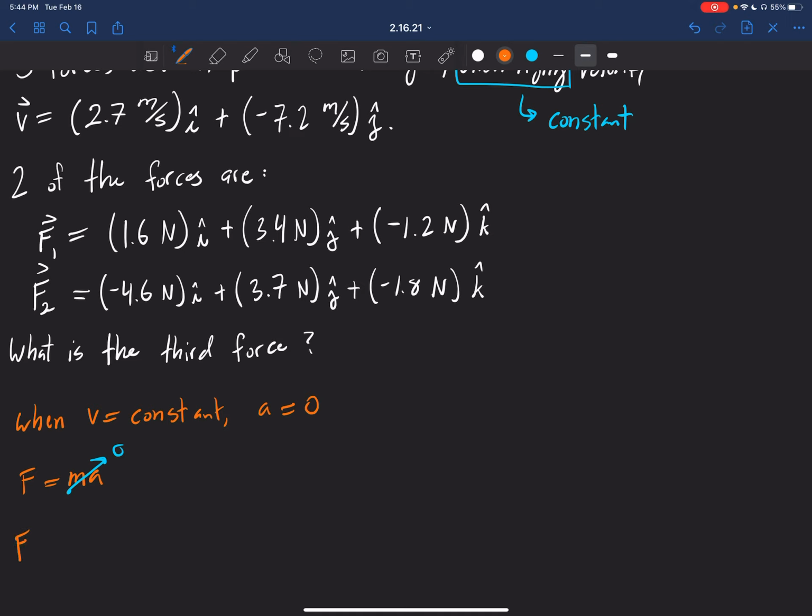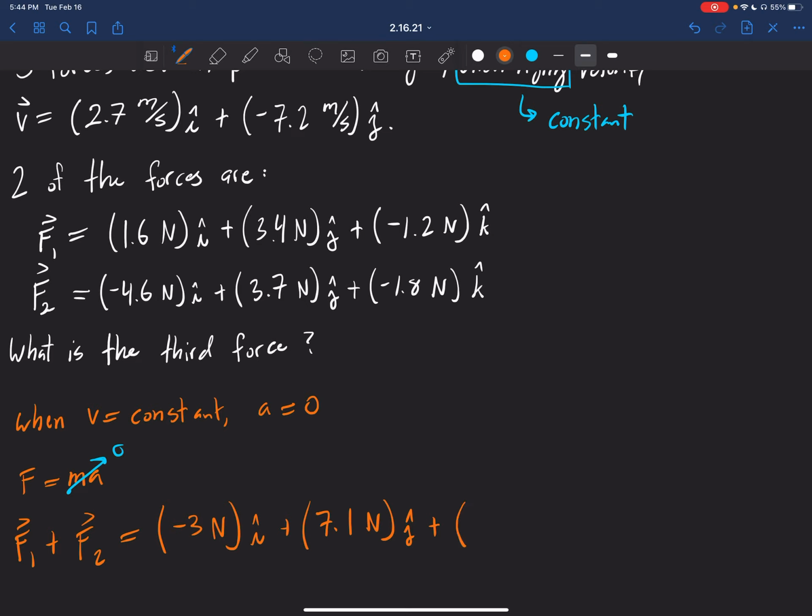So F1 plus F2 is going to be, in the x direction, 1.6 plus negative 4.6, which is negative 3 newtons. And in the y direction, 3.4 and 3.7, 7.1 newtons, the j hat.